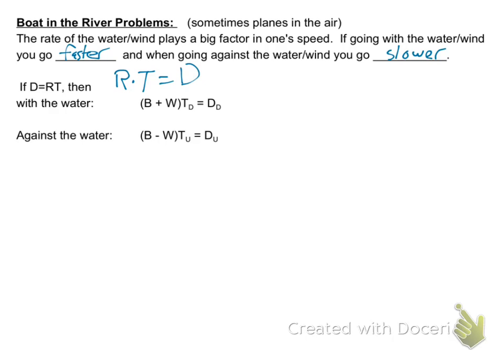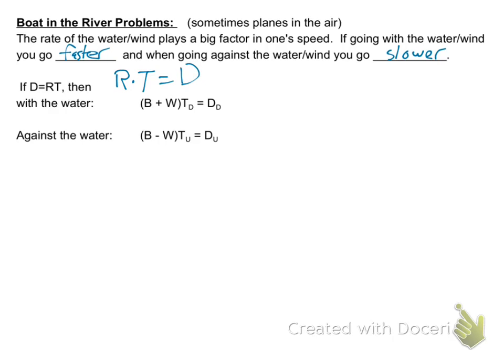Now, if you're going against the water or air, it's the boat's speed, B, minus W, the water or wind. So that same boat that you're rowing 2 miles an hour, the same river going 3 miles per hour, but you're going against it, which way are you going? Are you going up the stream? The river's flowing 3 miles an hour, you're rowing 2.